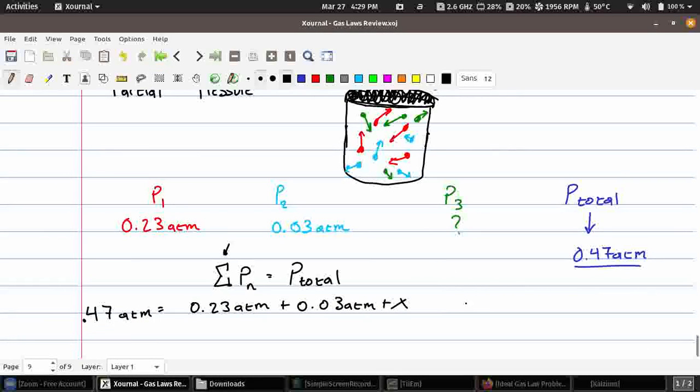So you have 0.47 atmospheres is equal to 0.26 atmospheres plus X. So you just subtract this out. And that means the green is going to be exerting 0.21 atmospheres.